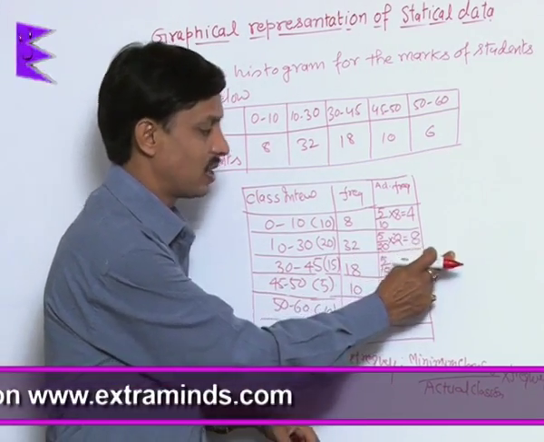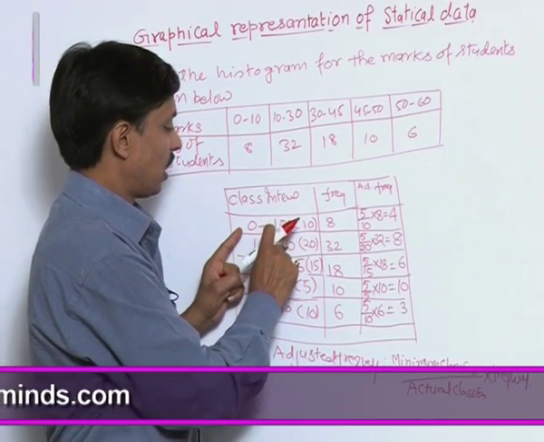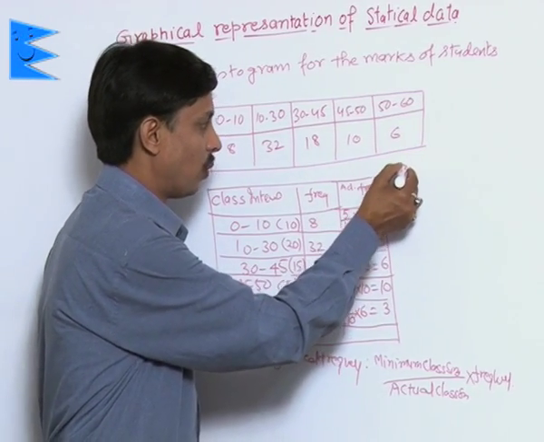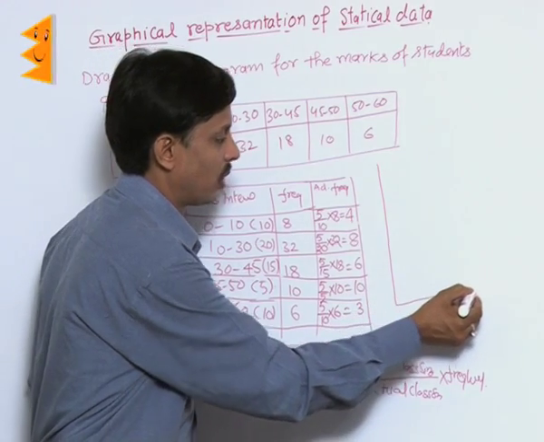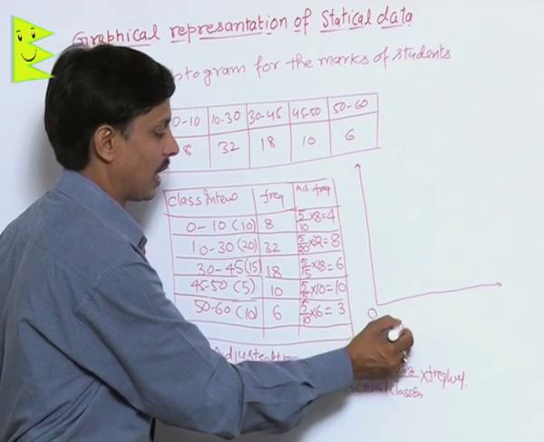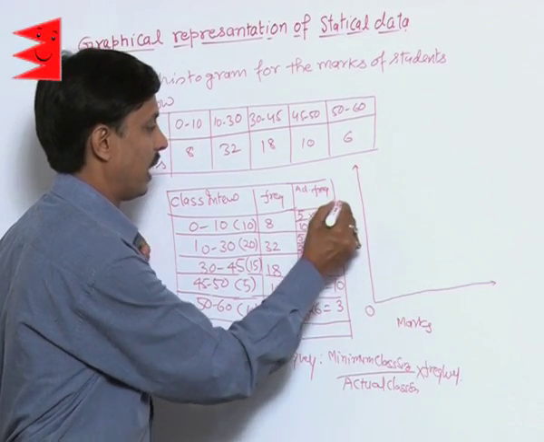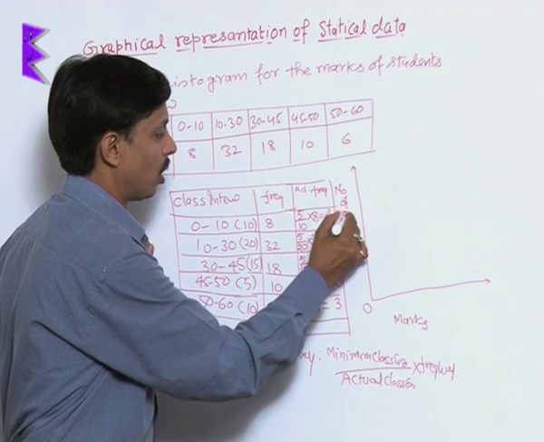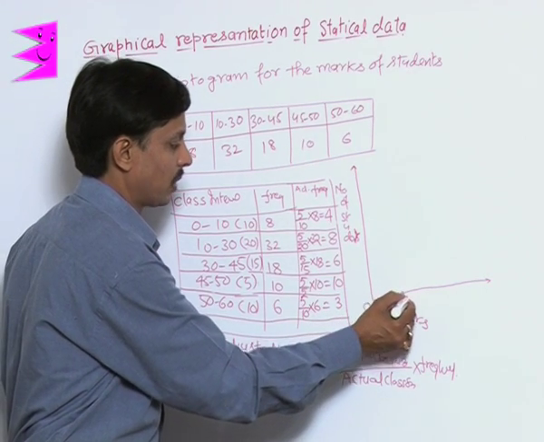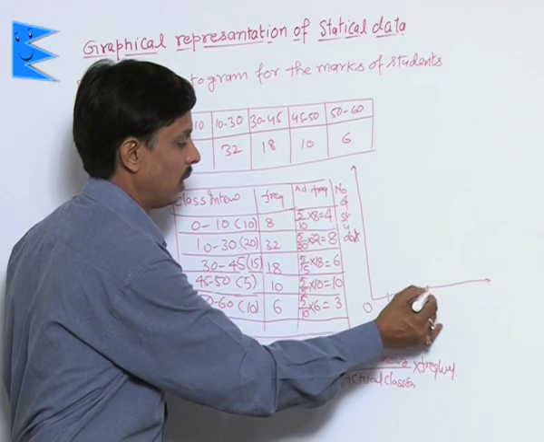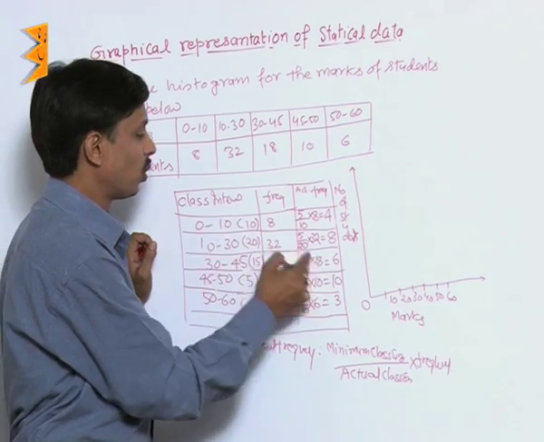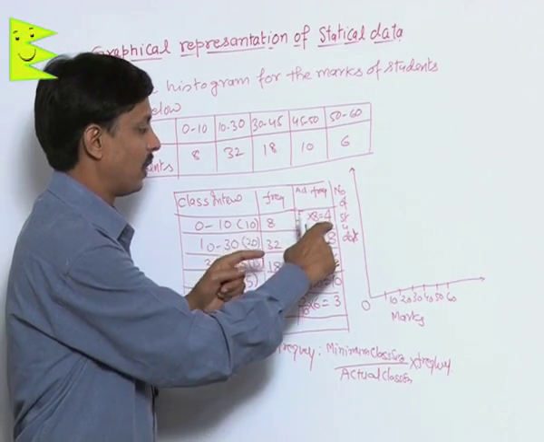I will show you the bars with the actual class intervals and adjusted frequency. One line vertical, one line horizontal, and first I will take 0 here, and I will write the marks on this line, and this is the number of students. Then 0, 10, 20, 30, 40, 50, 60.